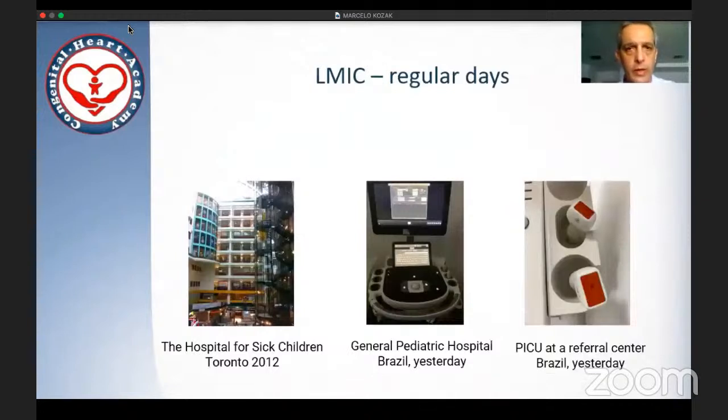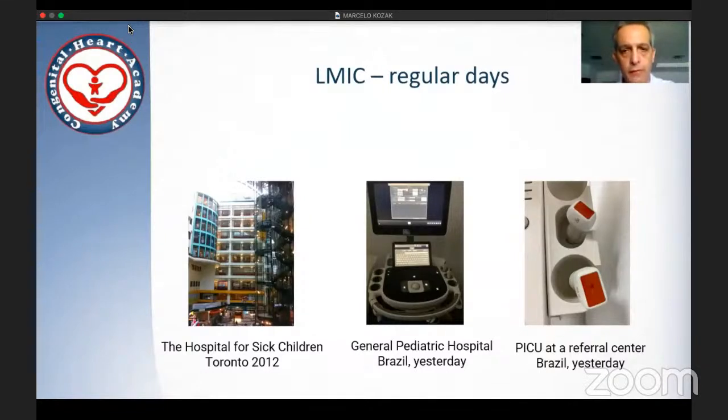How are our regular days in LMIC? Well, this is a picture on the left of the Hospital for Sick Children in 2012. And here I have two pictures that I took yesterday where I work, but in two different settings. In the middle one, you can see very brand new equipment at a general pediatric hospital that doesn't perform cardiac surgeries.